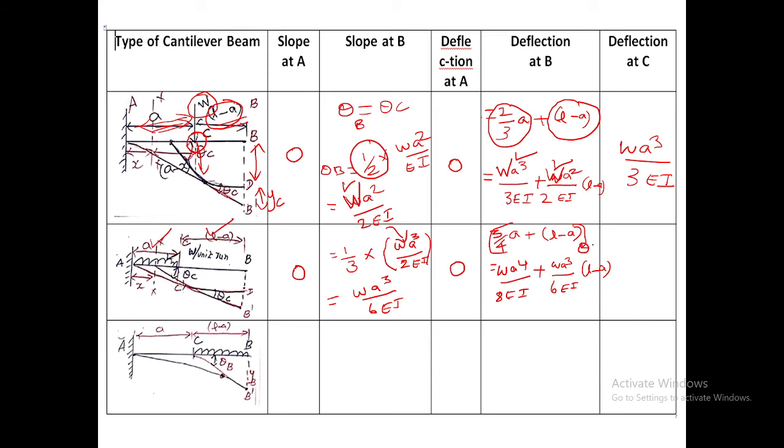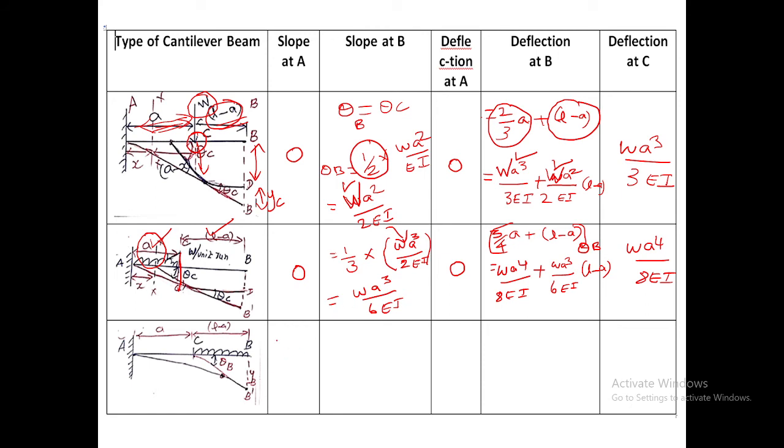So deflection at point C is W a power 4 divided by 8 EI. Okay, this term only.